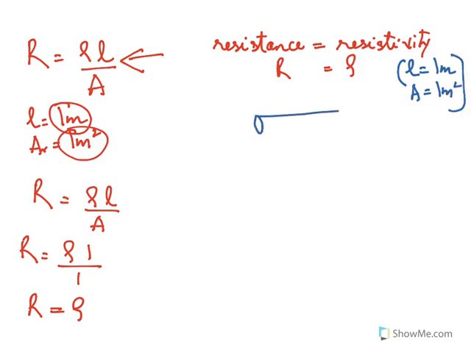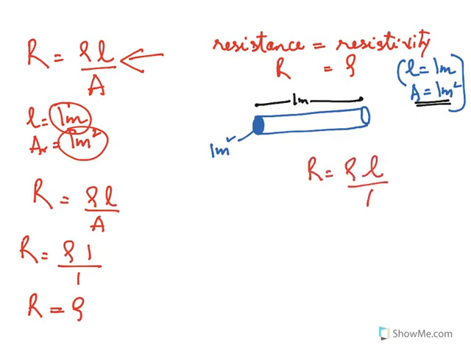I have a wire here of length 1 meter, and this is the area of cross section, which I take as 1 meter square. Then when I put in the formula R equal to rho L over A, R becomes equal to rho.